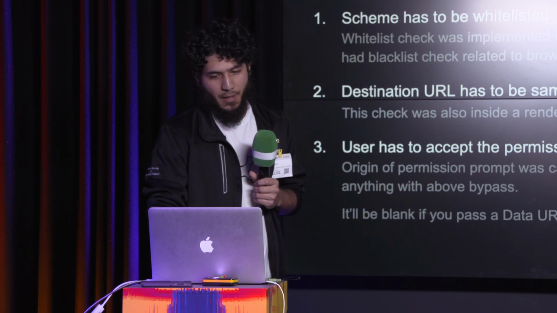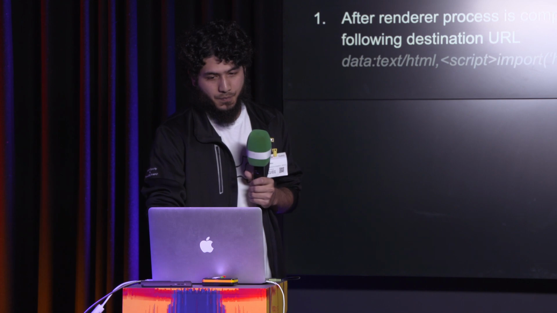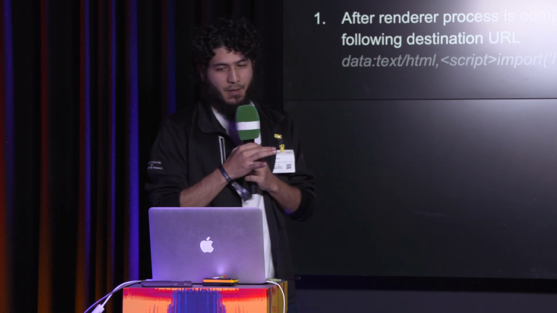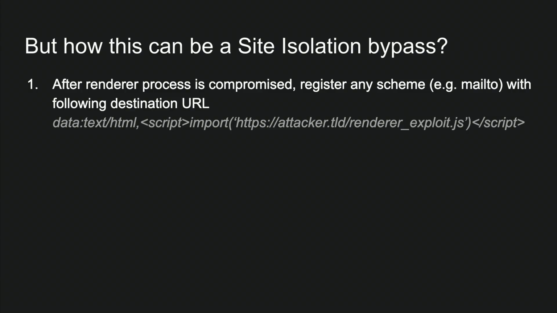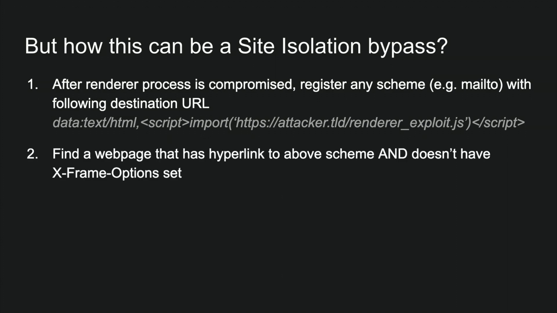some protocol handler. Okay, but how can this be a site isolation bypass? Let's say you compromise the render process. You register any scheme like mailto, tel, that are commonly used, and then register the data URL as a destination URL, right?